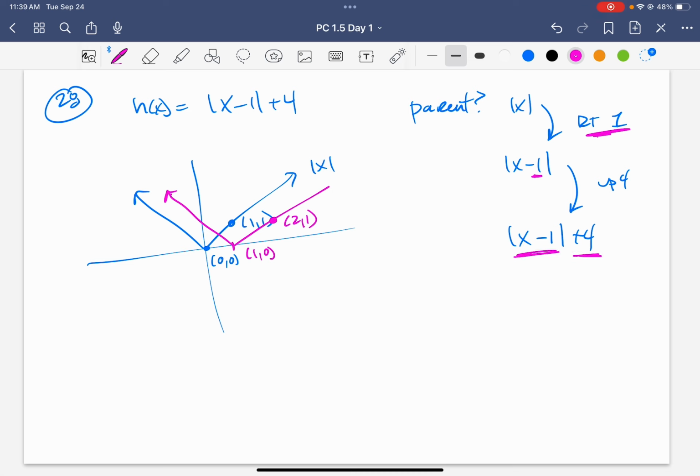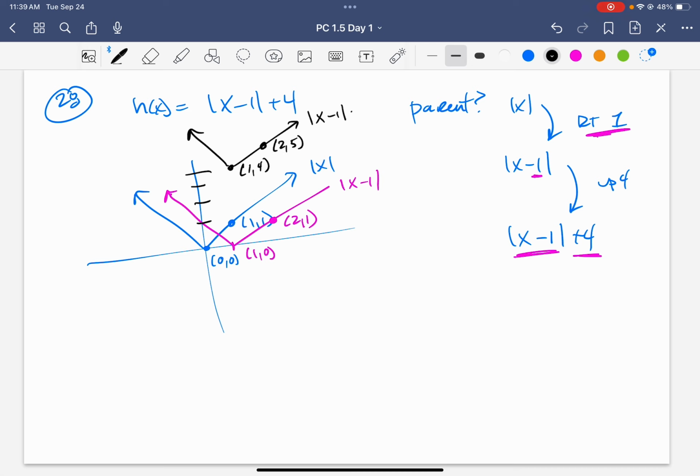But then I take all my old y's and add 4. So if this is the graph of absolute x minus 1, then if I add 4, it's going to be up here. And it's now going to have the point 1, 4 and the point 2, 5 on it.